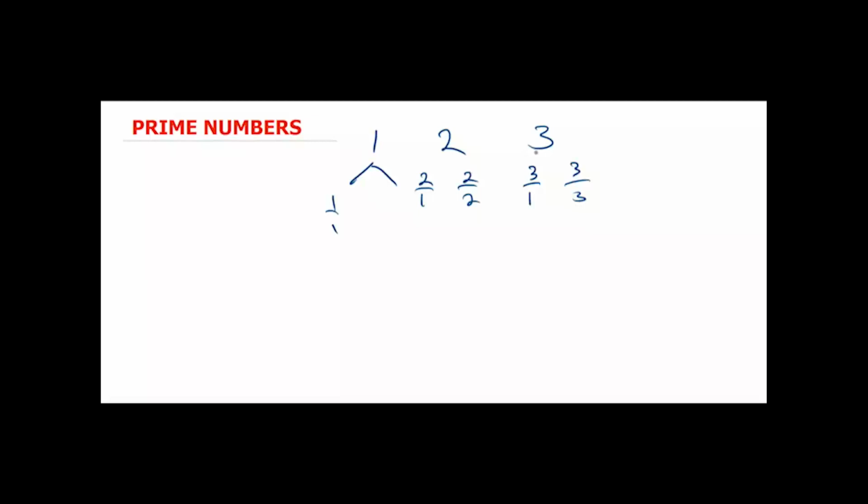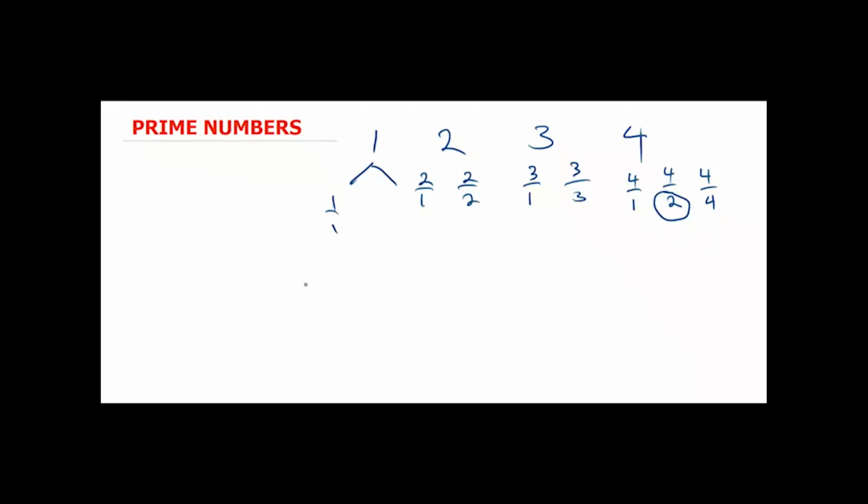And there is no other number again. That means 3 is a prime number. What about 4? So 4 is divisible by 1, 4 is divisible by 2, and 4 is divisible by itself. You can see that 4 is divisible by more than 2 numbers. So you have 3 here.